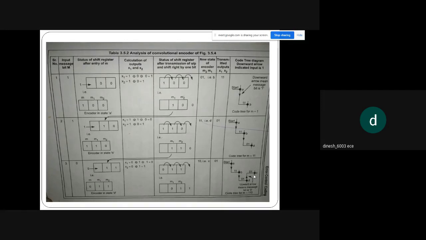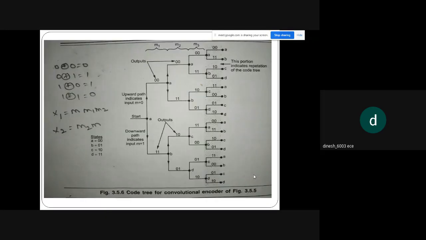A small representation of the code tree. Okay. So now I'm going to draw an actual code tree.